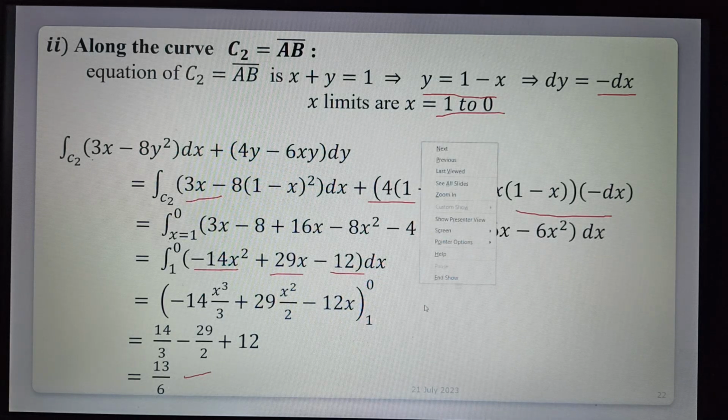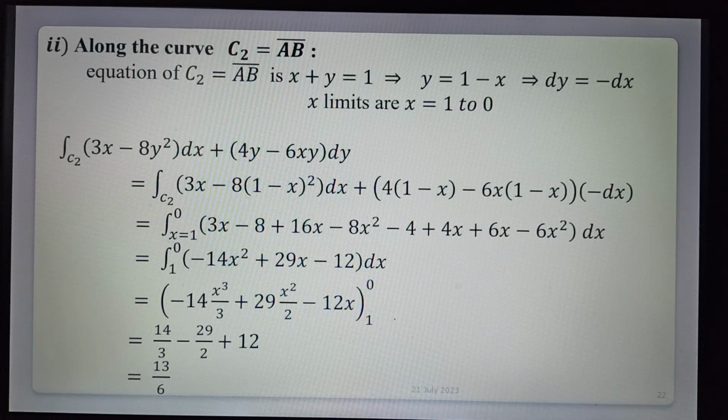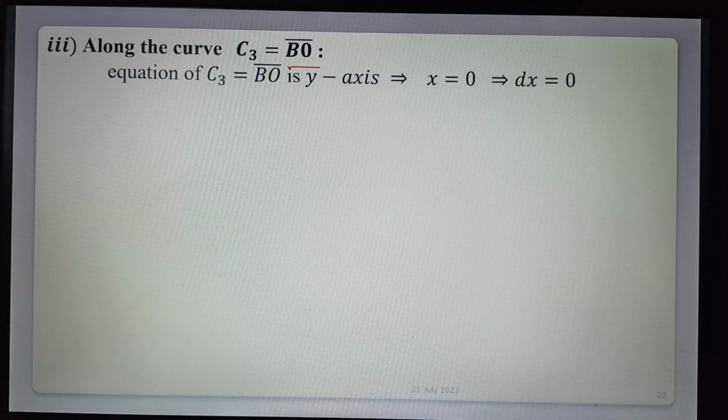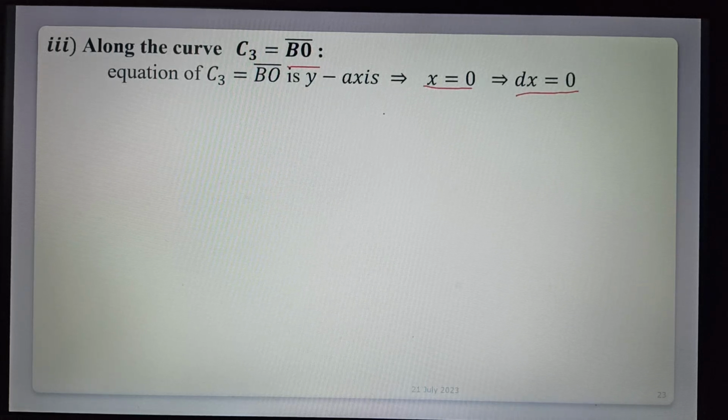Similarly, you have to find along C3. Along C3 the line is BO. The equation of BO is the y-axis, that is x is equal to 0, so dx is equal to 0. Now x is eliminated. Now choosing the y limits.